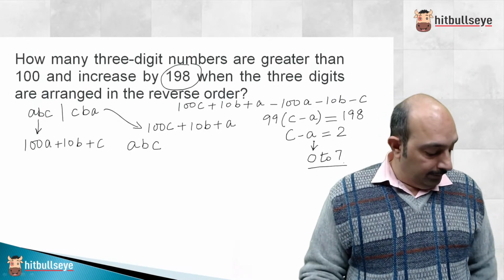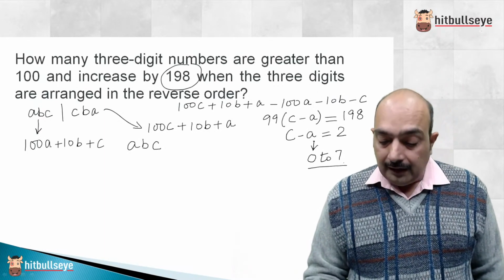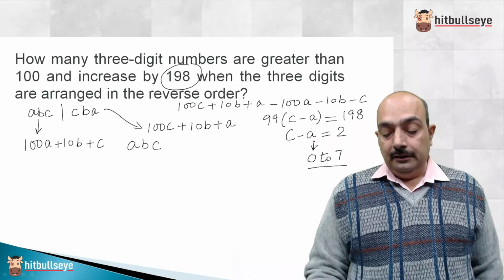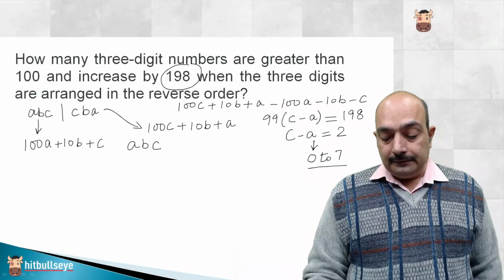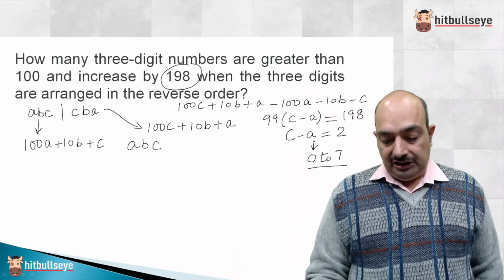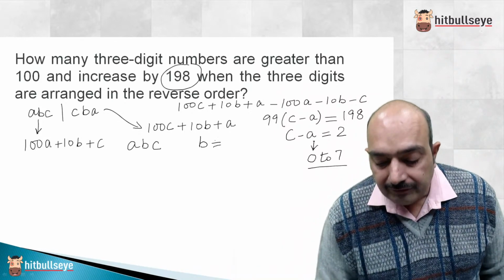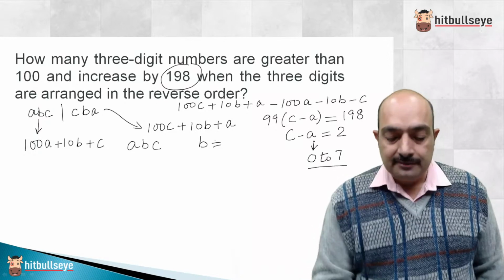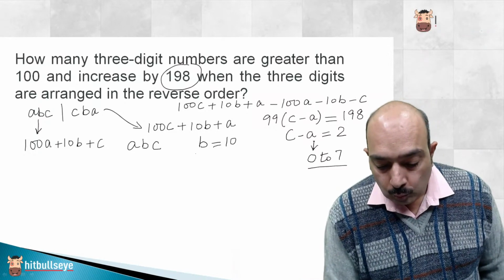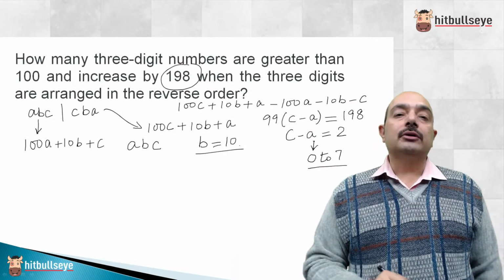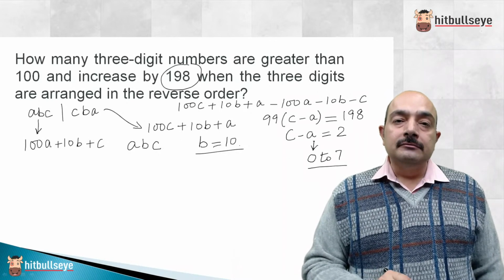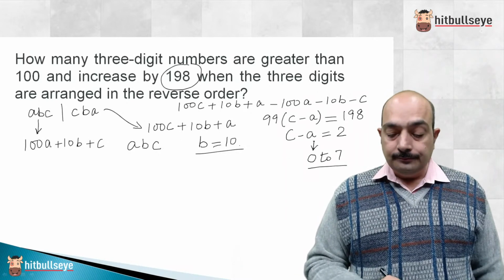Now, A can take 0 to 7, and can I say B can have 10 values, because B is the middle digit, which could be anything, no problem.